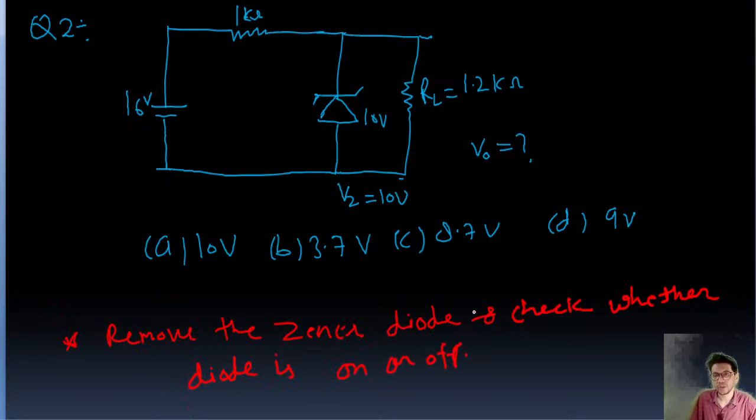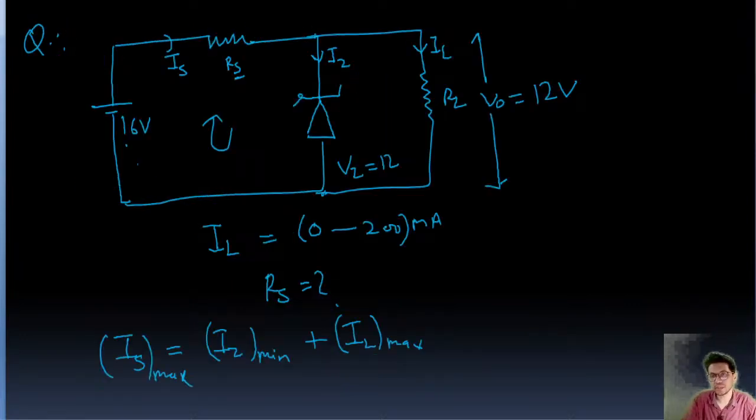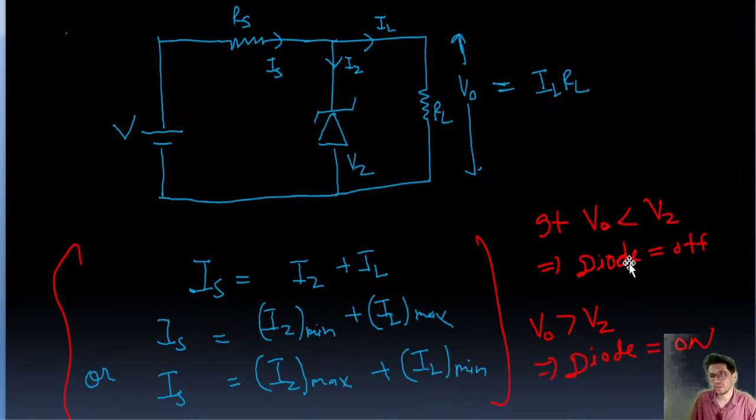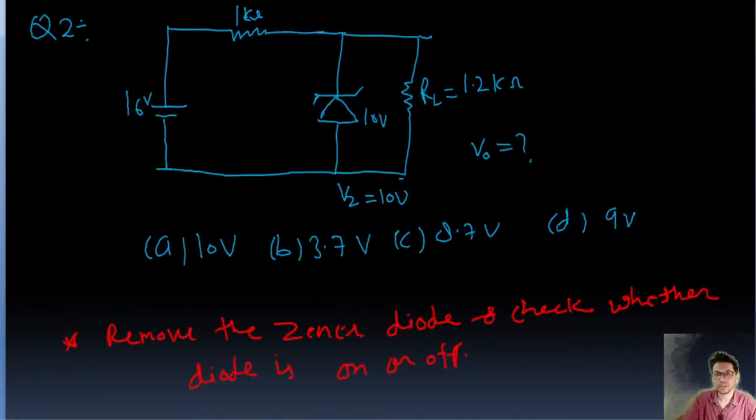On I have already told you: V naught should be greater than Vz, and off means V naught should be less than Vz. So we just remove the diode and check whether it is on or off. Because we need to find V naught, we will remove this and check the V naught value.